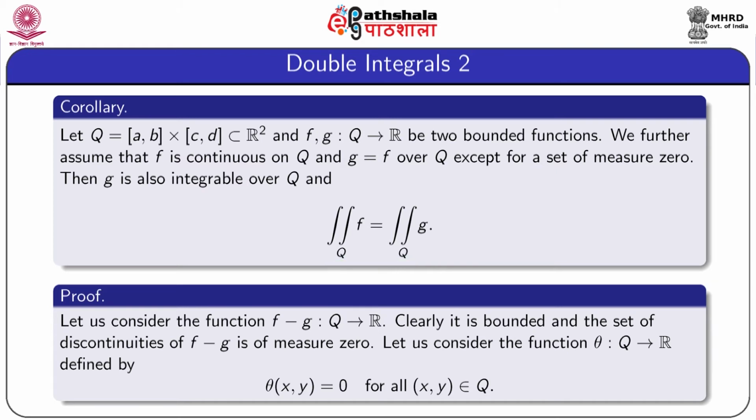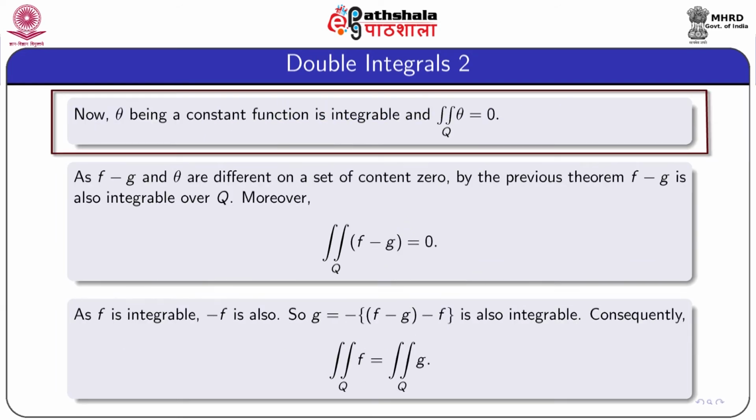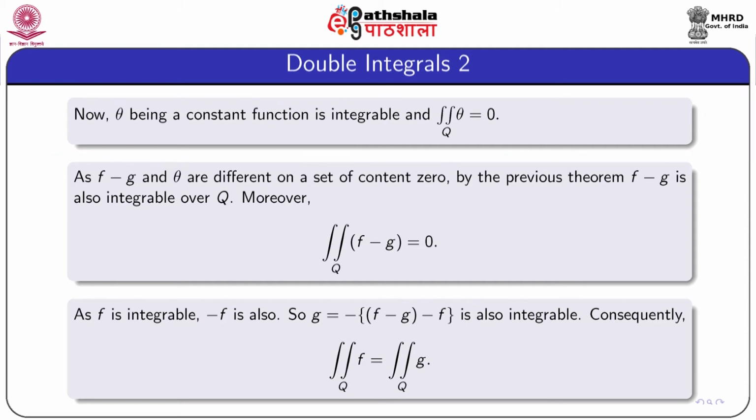We give the proof. Let us consider the function f minus g from Q to R. Clearly, it is bounded and the set of discontinuities of f minus g is a set of measure 0. Let us consider the function theta from Q to R defined by theta(x,y) equal to 0 for every (x,y) in Q. Now, theta being a constant function is integrable and integral of theta is 0.